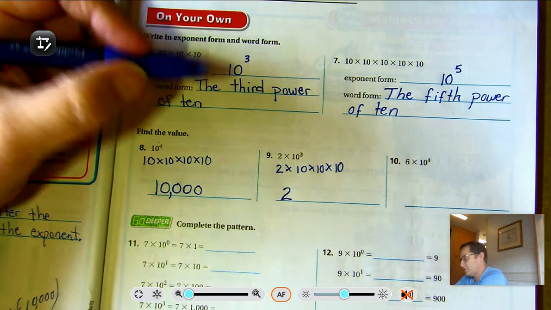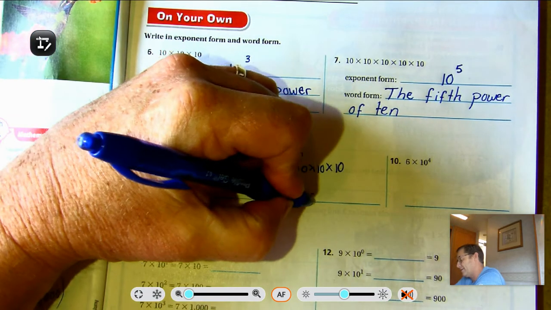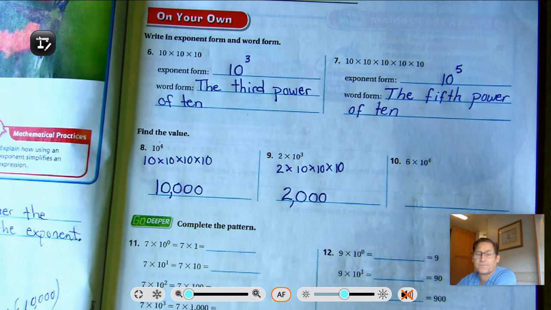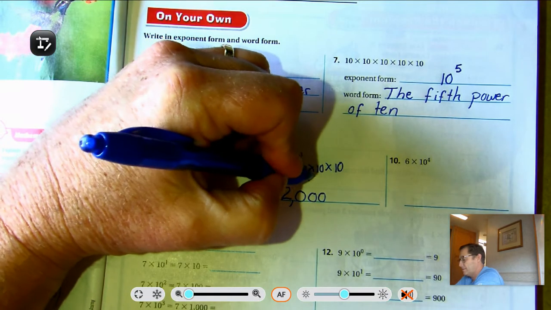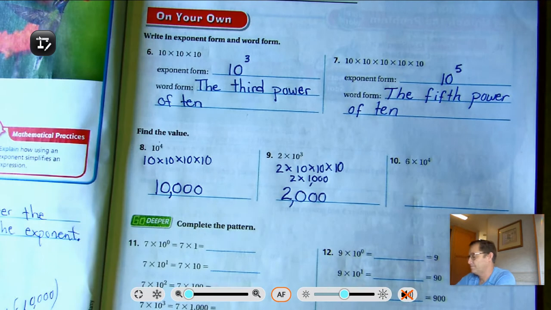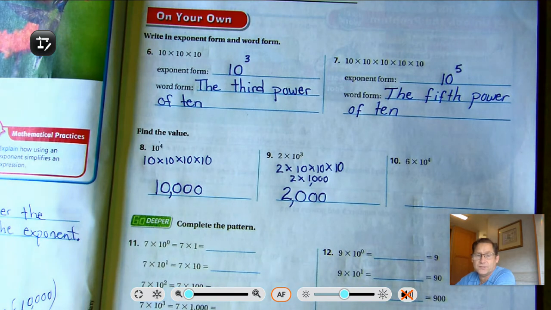There's 3 in the exponent, so the whole number is going to be followed by 3 zeros. So 2,000. So 10 times 10 times 10 is 1,000, and 2 times 1,000 is 2,000.